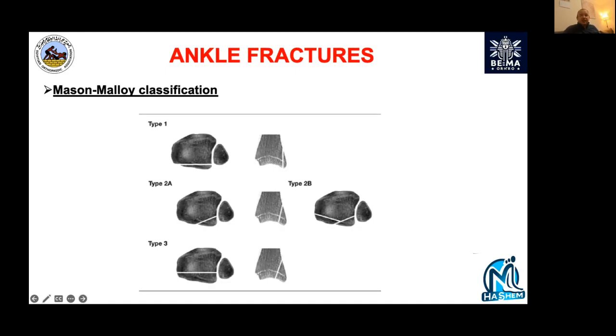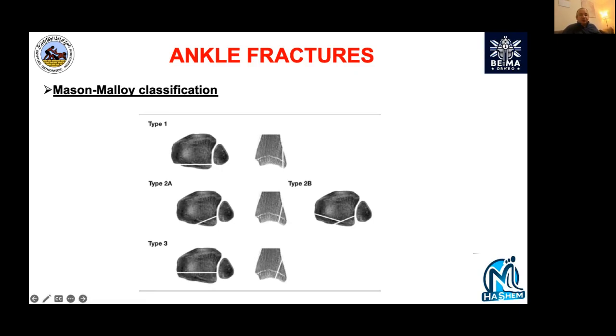If this is significantly avulsed and displaced, you need to do a posterolateral fixation through a posterolateral approach. Come to type 2, I'm sorry. So 2A and 2B, and we call both of them rotational pilon fractures. 2A is when it's only posterolateral, and we need fixation of the posterolateral fragment. For this rotational pilon, you have to fix it. There's no option, because it's not about the posterior malleolar fragment itself, but about the rotational injury of the ankle and the instability.